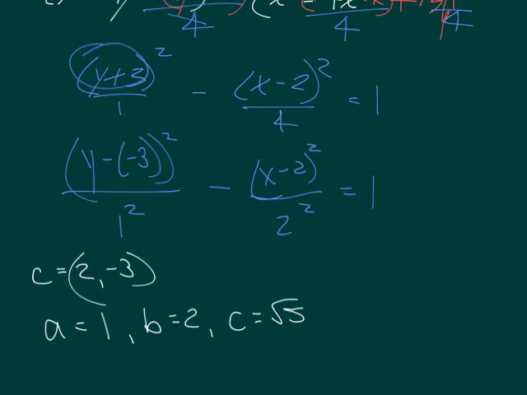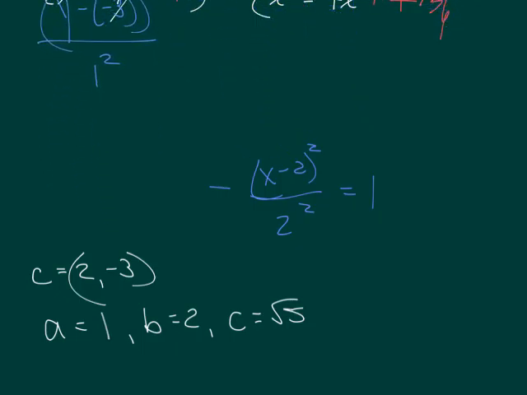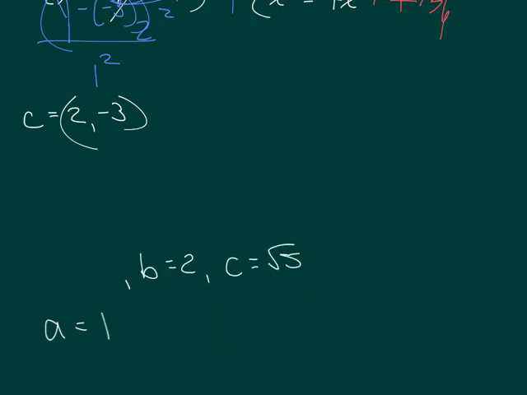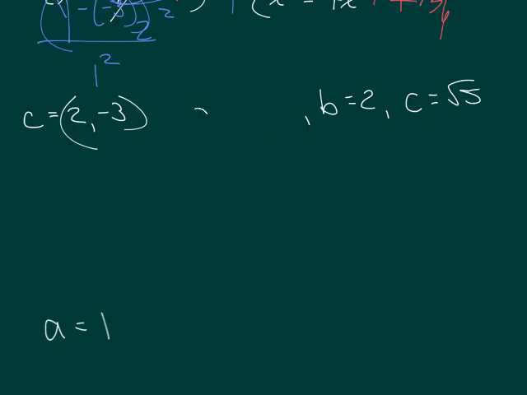So let's look at, with this information that I have right here in white, let's go ahead and find out what we can do here. Our a, we said earlier, was 1.